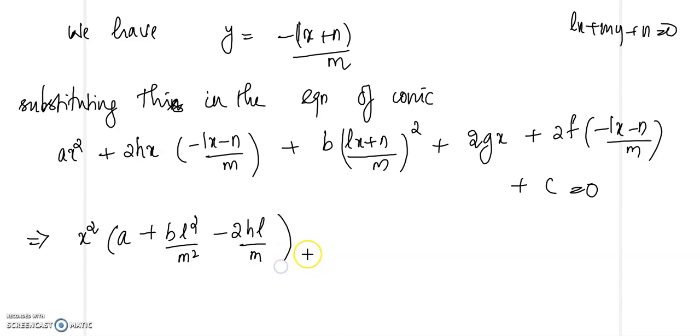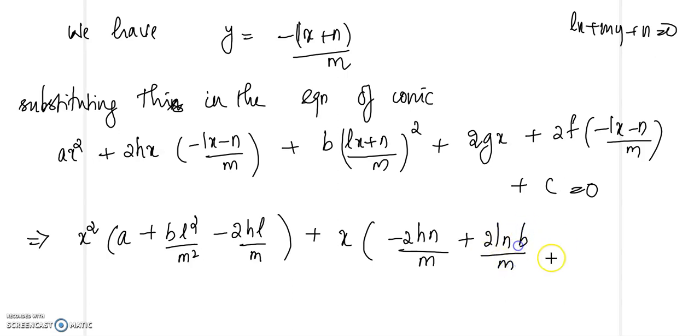Then the coefficient of x will be minus 2h n by m, plus 2b l n by m square, plus 2g minus 2f l by m.